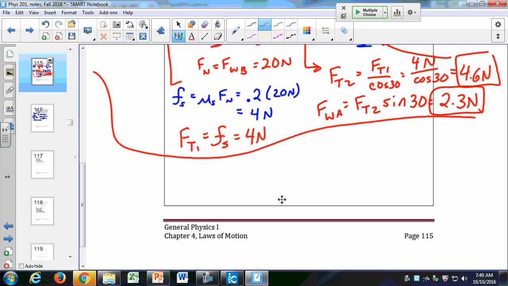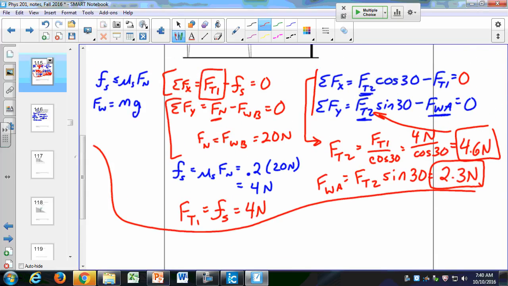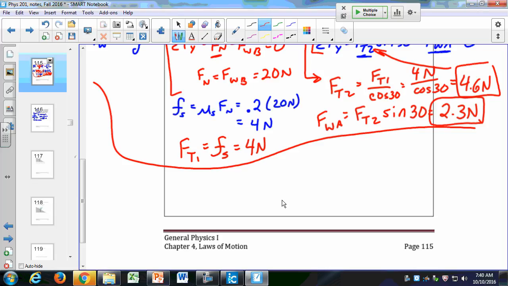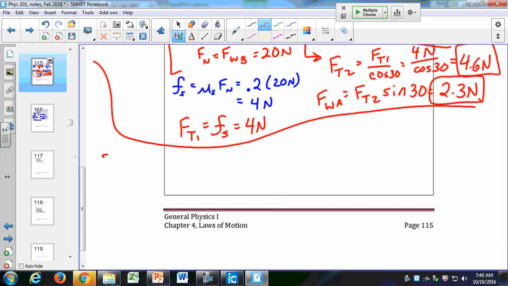So when you solve a system of equations by Gaussian elimination, you first want to set up your equations in a matrix form. I'm going to write these two equations right here in a particular way. I'm just going to rewrite them down here. I'll say the sine of 30 times FT2 minus FWA equals 0.